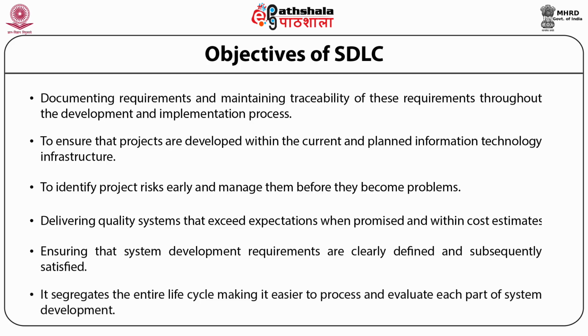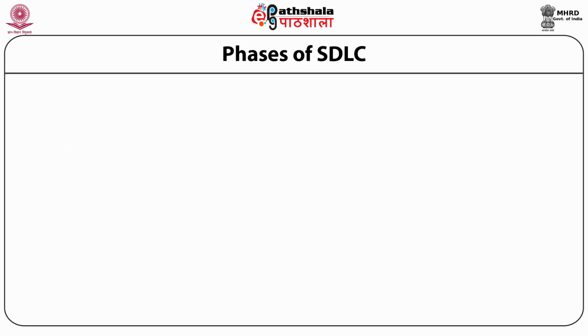It segregates the entire life cycle, making it easier to process and evaluate each part of the system development. We now discuss the phases of the system development life cycle.